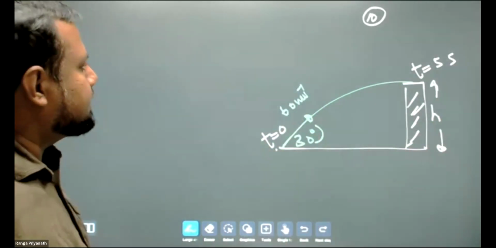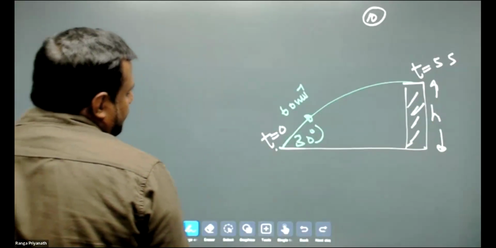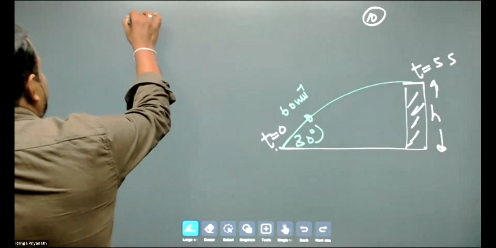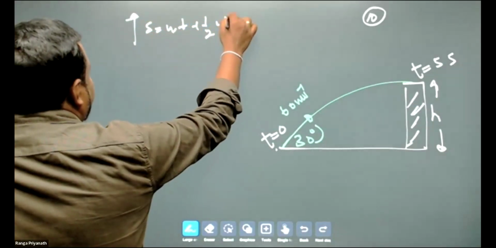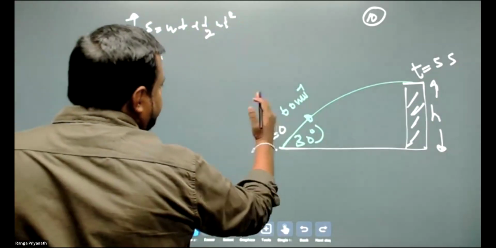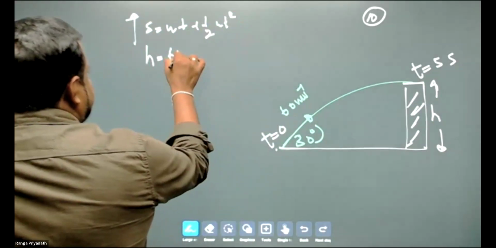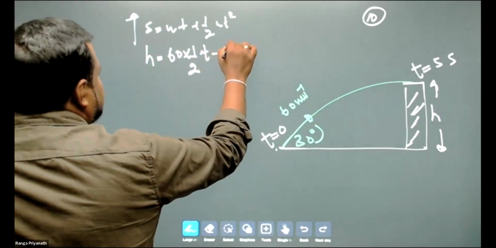We need to find the height. We can use the upward equation s = ut + ½at². Here s means h, the initial velocity is 60 sin 30, which is 30, and a is minus 10.